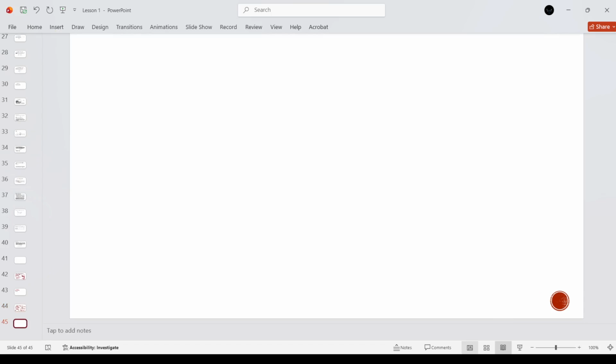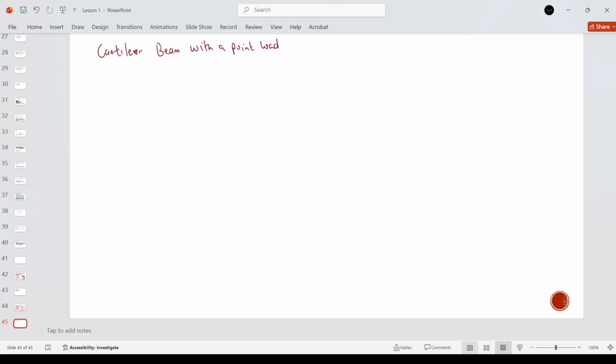Good. Cantilever beam with a point load.